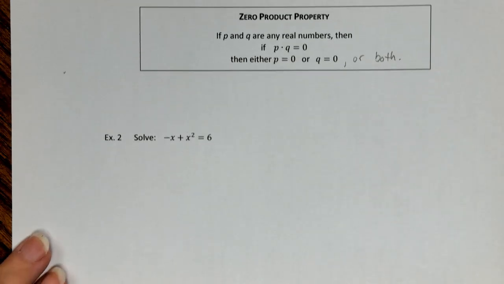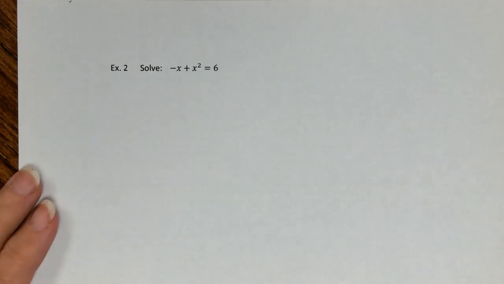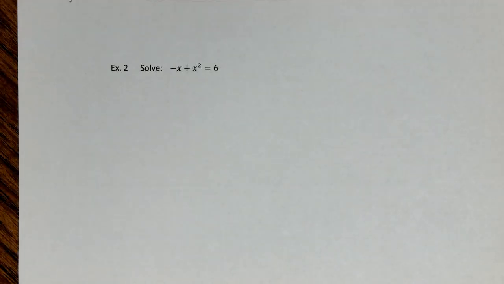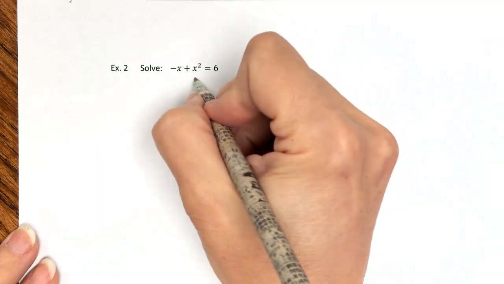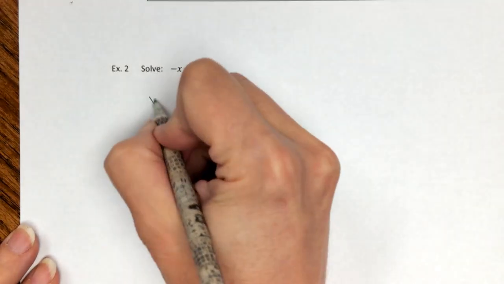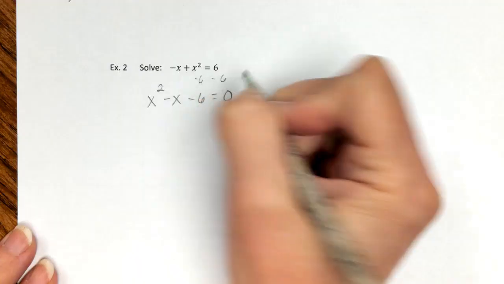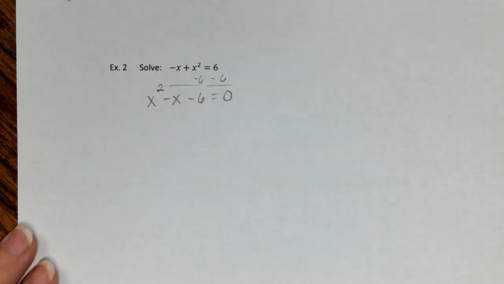Okay, so take a look at example 2. We are going to subtract 6 from both sides and arrange these in descending order of the exponents. So we'd have x squared minus x minus 6 equals 0. Okay? And now we're going to factor.